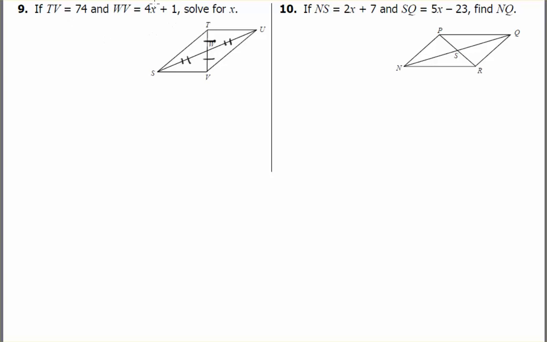So for this problem, just going to erase those marks so we can see a little bit better. For this problem, it says that TV, so this whole thing here, equals 74, and then WV, so half of it, is 4x plus 1.